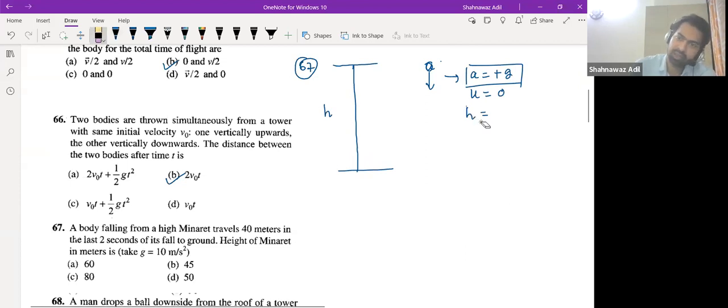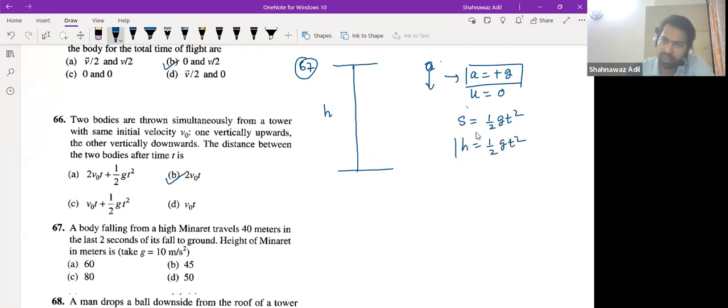Let me write it in this way. Your s would be how much? Sir, s will be ut, u will be cancelled, so plus half at squared. Good, so which means half gt squared. So h would be half gt squared, right? Or let me write it as this y direction distance would be half gt squared.